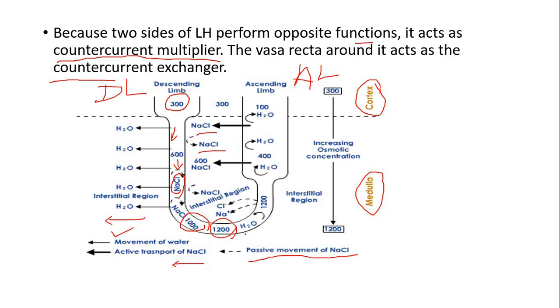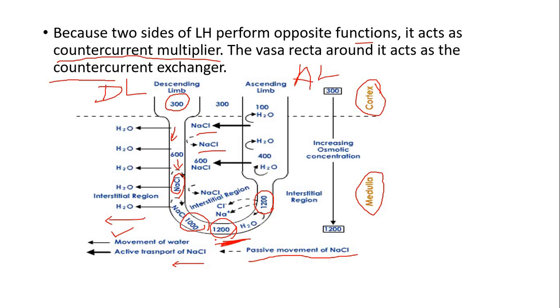Then 1200, and when this solute starts to enter the ascending limb, it becomes diluted and the concentration becomes low. In the loop of Henle, the concentration is maximum.